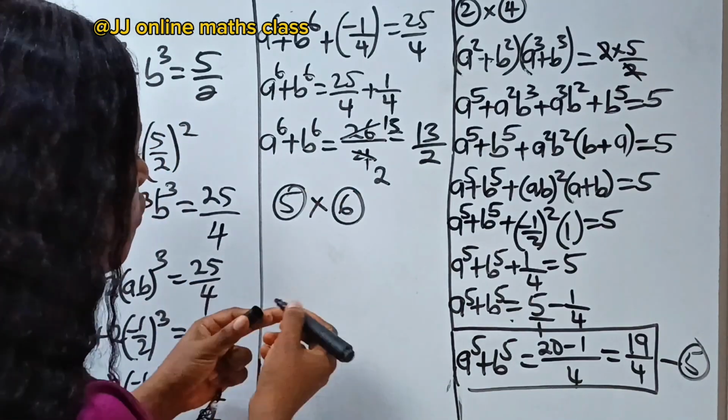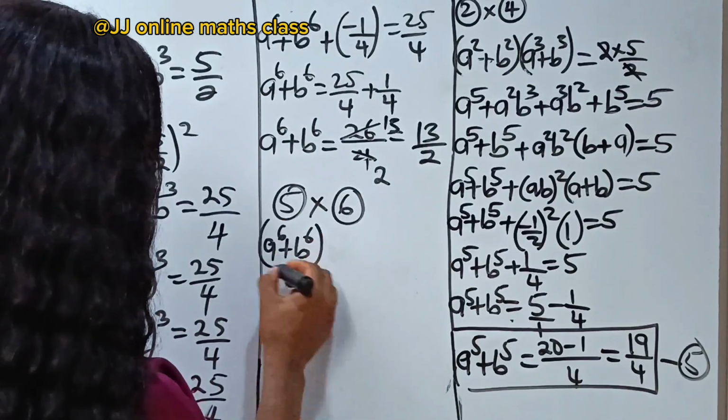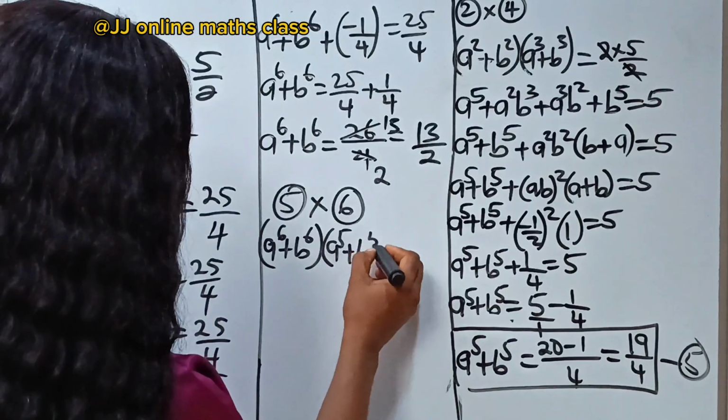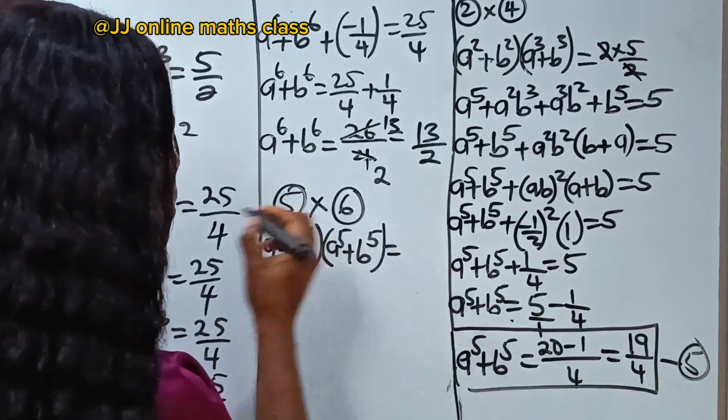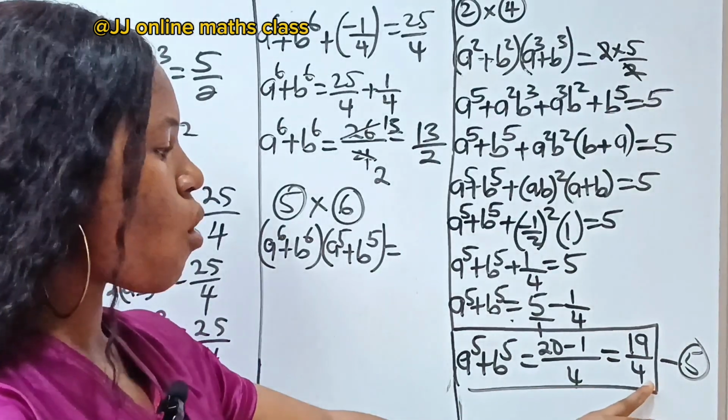So we are going to have a to the power of 6 plus b to the power of 6 multiplied by a to the power of 5 plus b to the power of 5 is equal to 13/2 times 19/4.